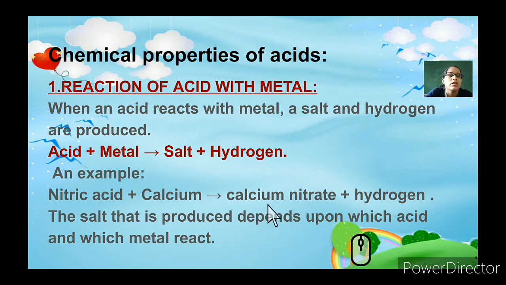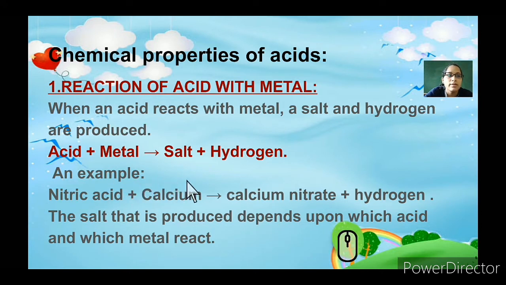The salt formed depends on the metal and the acid you are using. It is not always that calcium nitrate is formed. Here we are seeing the example of nitric acid and calcium, and calcium nitrate is produced based on the reactants.